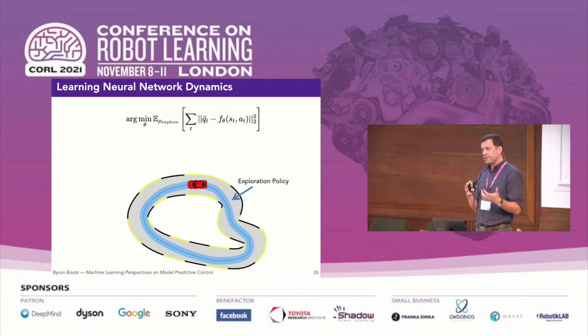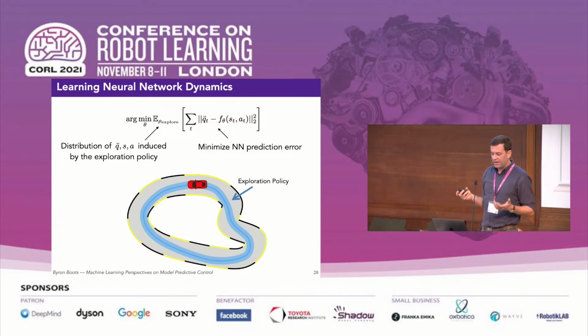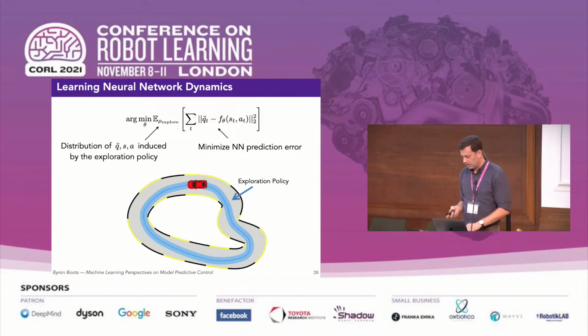The first thing we're going to do to accomplish this is just teleoperate the car around the track, right? Just collect a whole bunch of data. Now, if you're learning dynamics as this kind of naive supervised learning problem, you'd have an objective which looks like the one at the top of the slide. Essentially you're saying, I want to minimize prediction error.